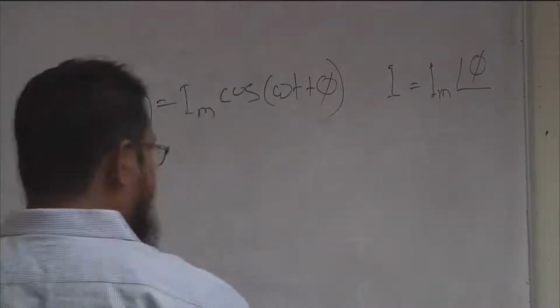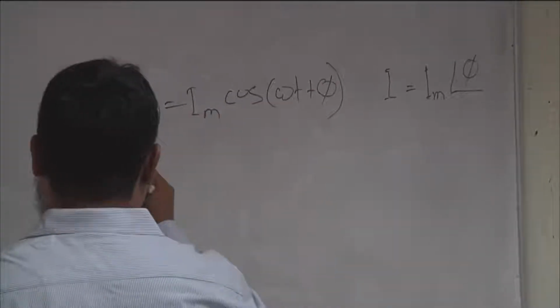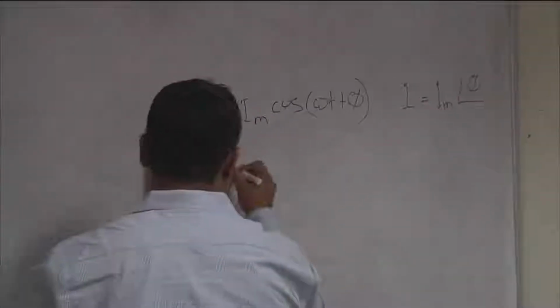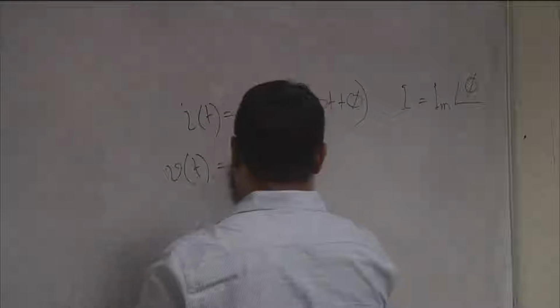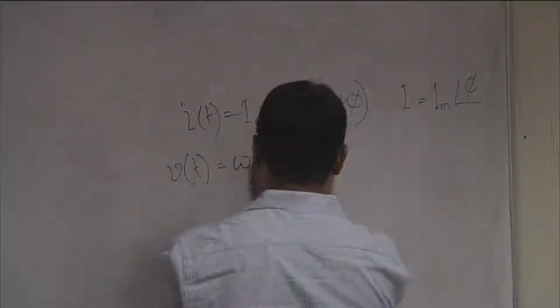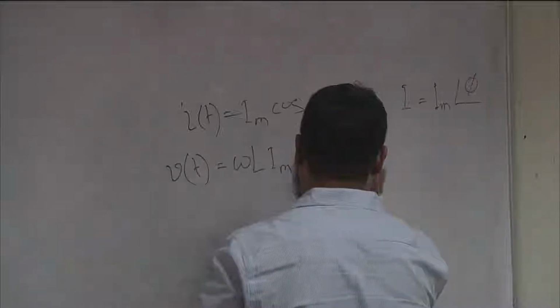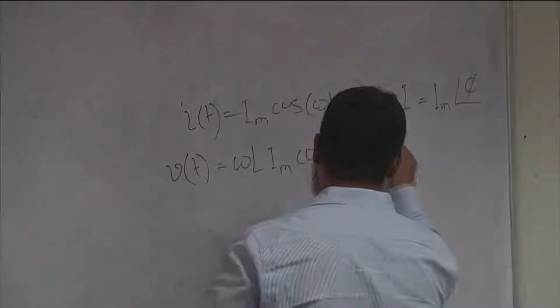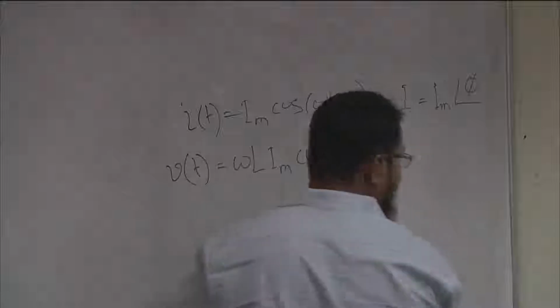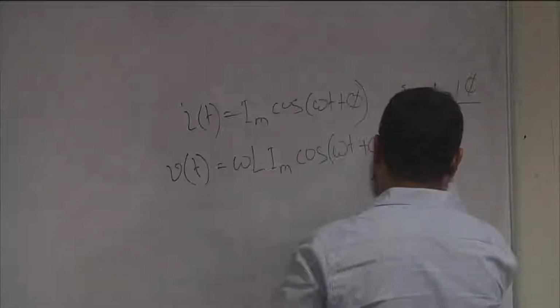What about the voltage across the inductor? v(t) is equal to omega L Im cos(omega t plus phi plus 90 degrees), right?